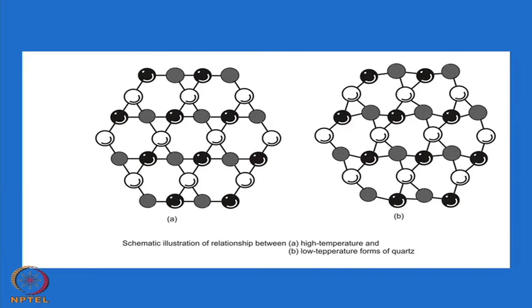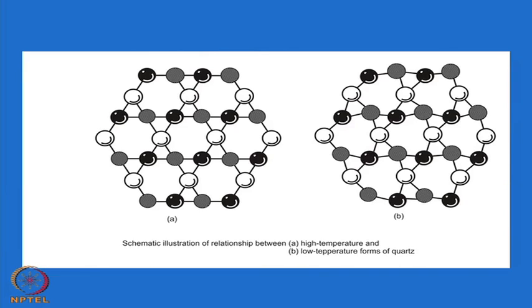That means a high temperature phase can be available at room temperature because the kinetics is slow. By cooling rapidly, you are not allowing enough time for the atoms to move, and therefore the high temperature phase can be available at room temperature or at lower temperature, although it is not a thermodynamically stable situation.